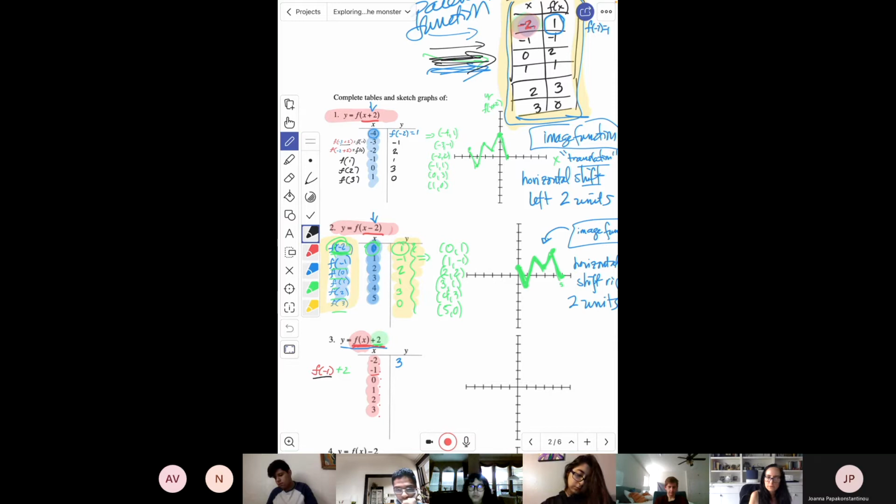We're looking right at it. When x is -1, what is y? -1. So the function evaluated at -1, our parent function f of x, is -1. Then I'm adding 2 to that. So what is my new output?